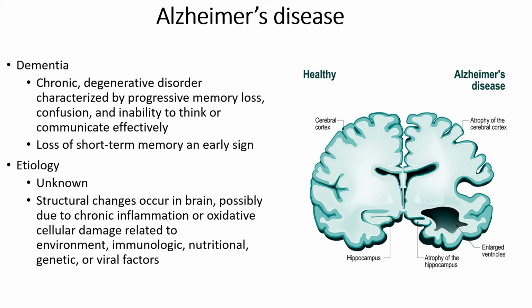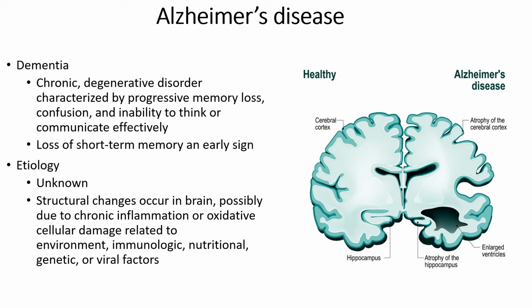And then the inability to think properly, cognitive processes are impaired. So, for example, the ability to pay a check and put it in the mail, the ability to communicate, whether it's by letter or email, that is starting to be lost. But really, the first early sign, short-term memory loss.